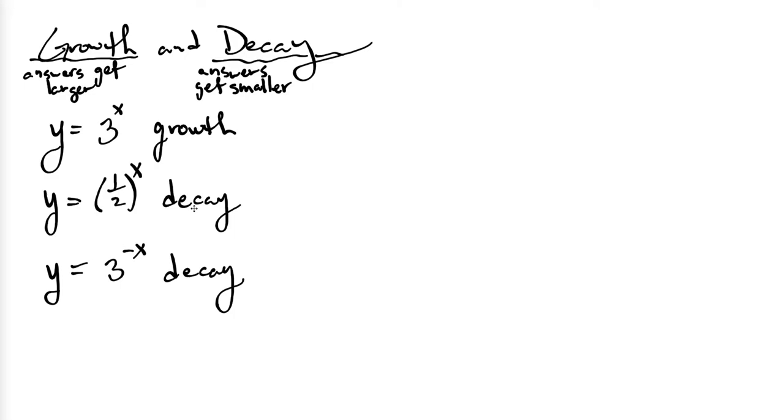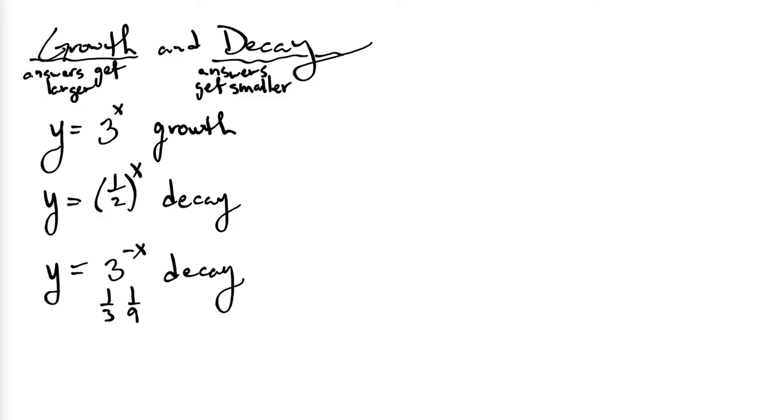So if I plug in 1 in place of x, I would get 3 to the negative 1, which would be 1/3. If I plug in 2, I'd get 3 to the negative 2, which would be 1/9. So these answers are getting smaller.